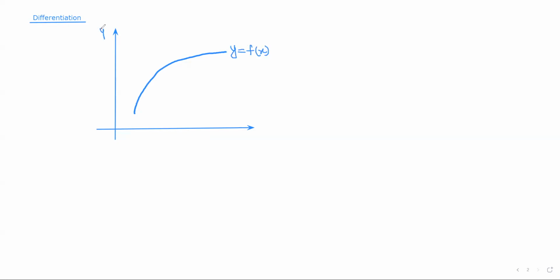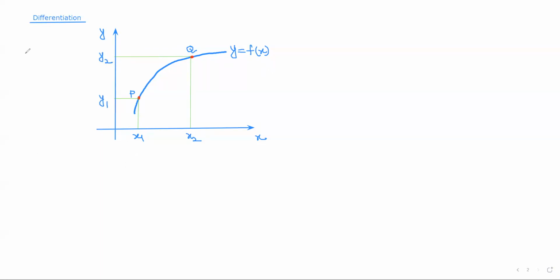Okay. This is y axis. This is x axis. Now we take 2 points here. These points are P and Q. Now the coordinates of P are x1 and y1, and the coordinates of Q are x2 and y2. ये x1, ये x2, ये y1, ये y2.